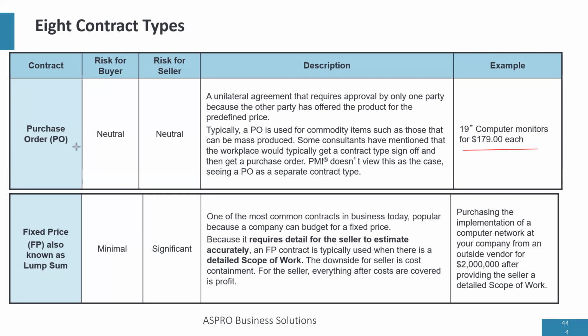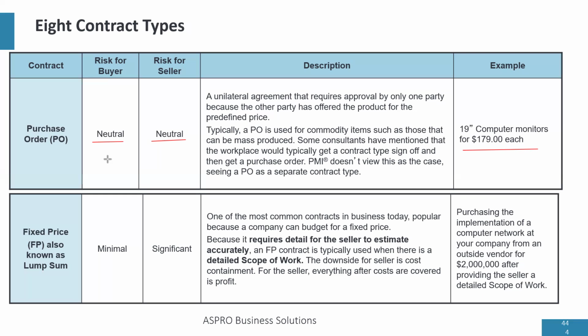In other words, a purchase order comes after a request for quotation. And in a purchase order, no party is under pressure. Why? Because it's left for the buyer to buy at a certain price, and it's left for the seller to decide to sell at a certain price. So nobody's under pressure. There's really no risk between buyer and seller.